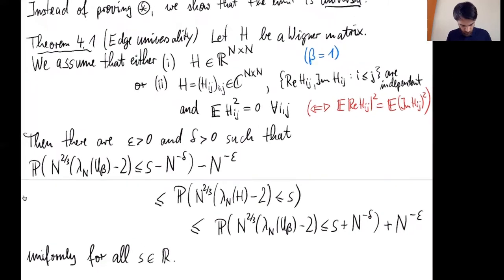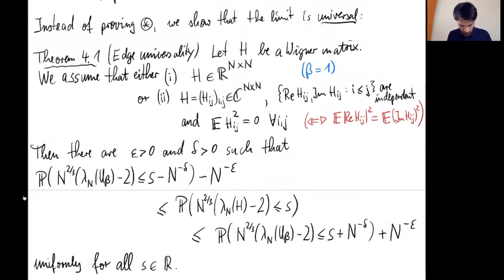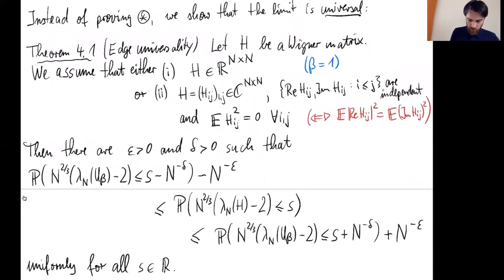Okay, so maybe you want to take a snapshot now, and then I'll explain it again a little bit. So this is the quantity that we're interested in, right? That describes the probability distribution of the largest eigenvalue of H. And we're interested in the large N regime, and then we compare it here with the lambda N of U beta, so here and here.